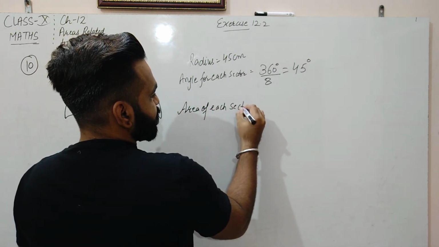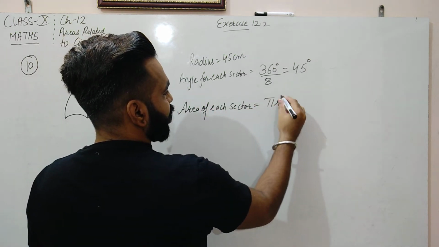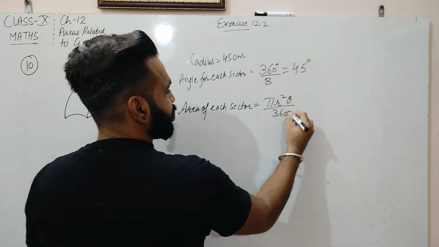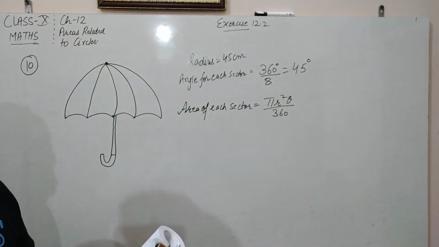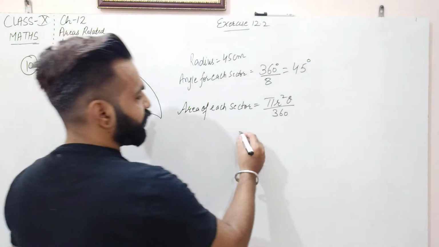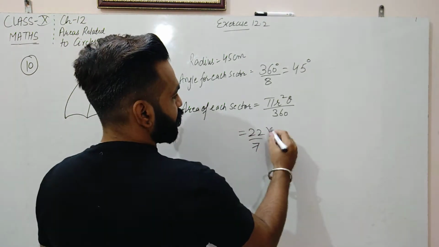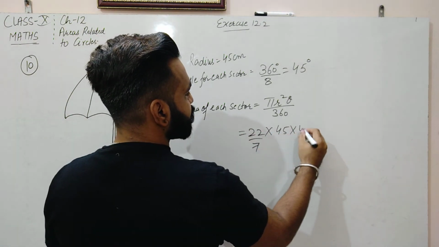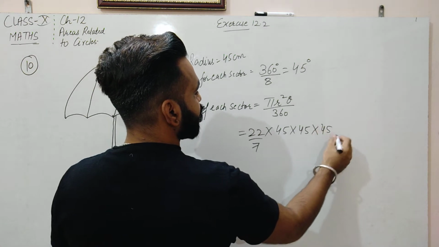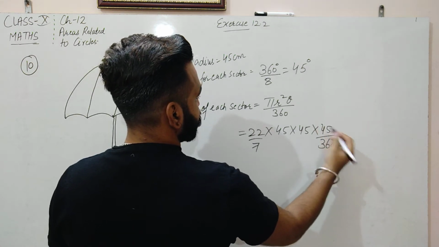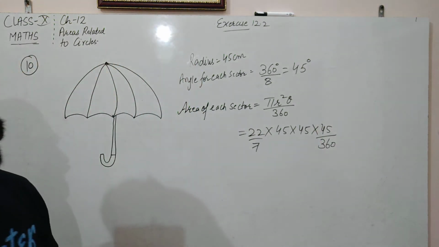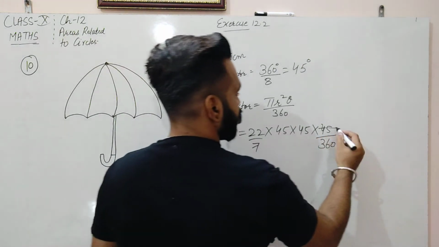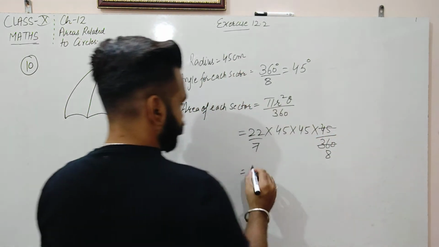Area of each sector will be equal to pi r square theta divided by 360. So pi is not given, so we can take 22 by 7. Radius is 45, theta is 45 divided by 360. So this will be 8 here.